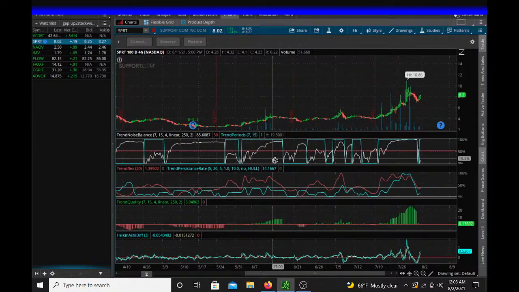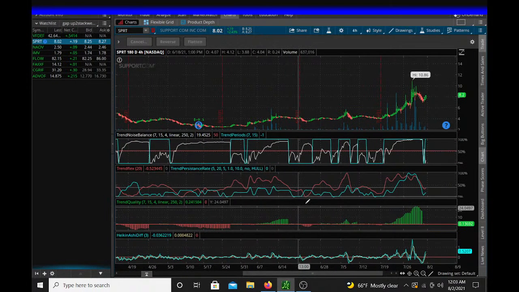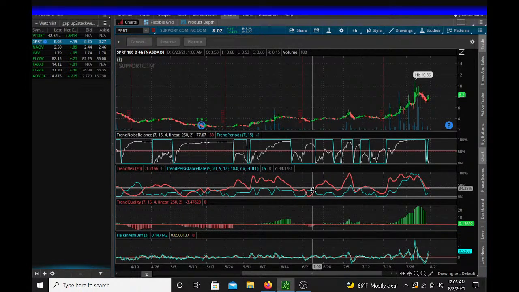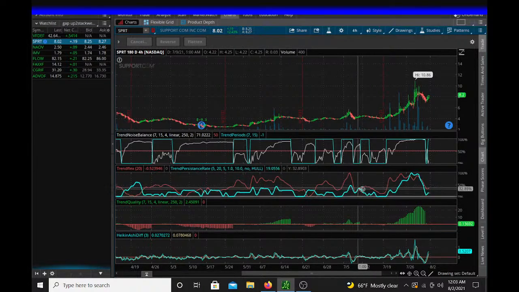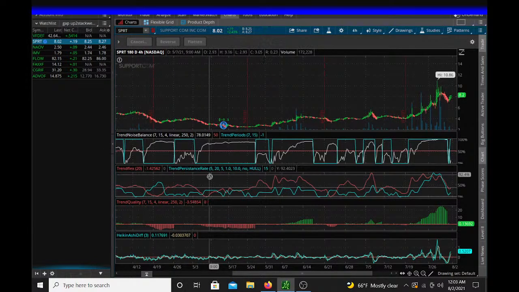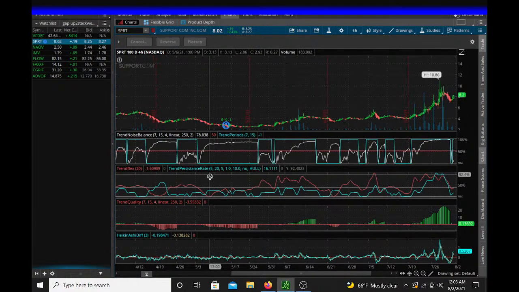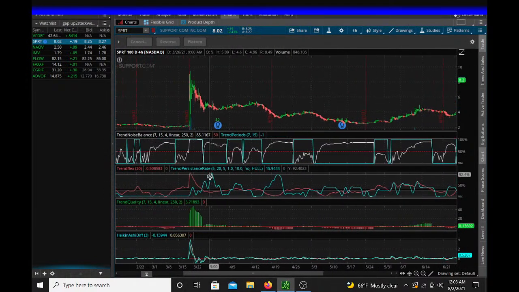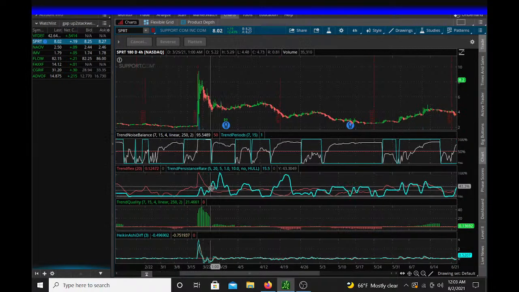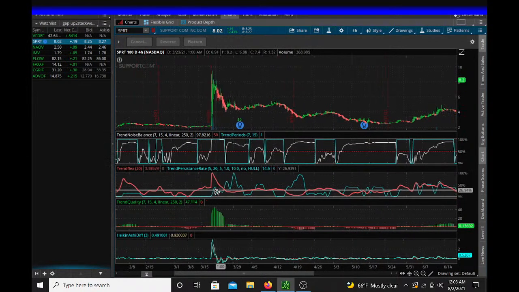They disagree and price moves up. And we get a little crossover here too. That does seem to be a useful signal, when the trend flex crosses the persistence rate, or vice versa.